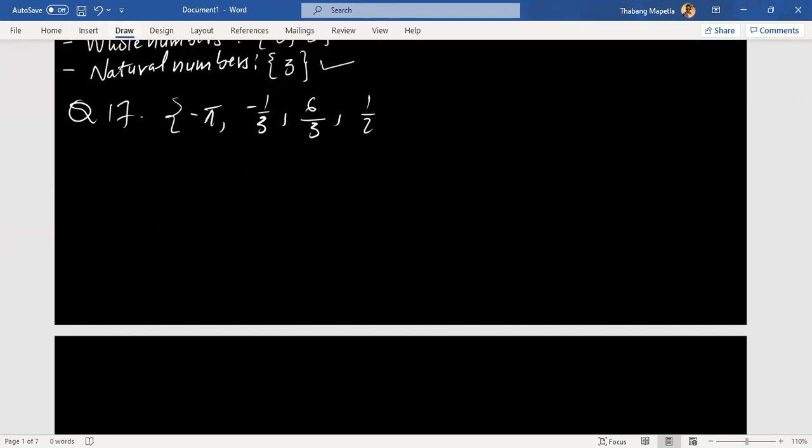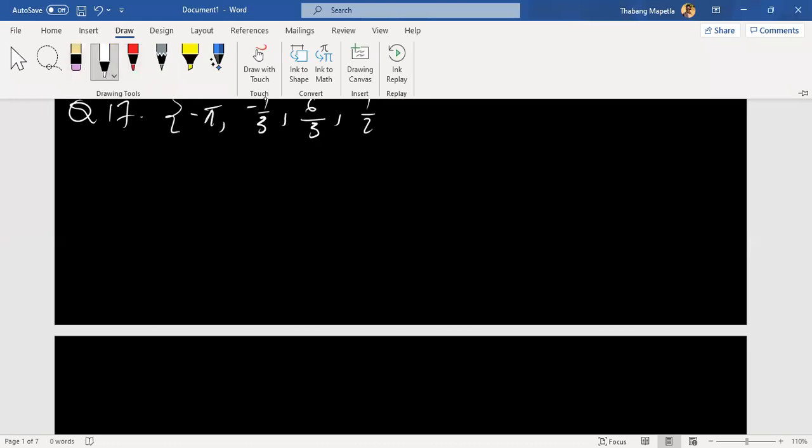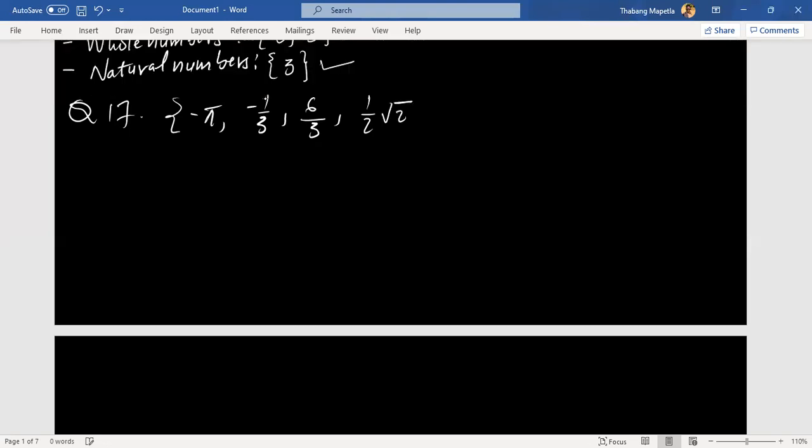So it's half root 2, and then -7.5, and then -2, then 3, then -3. So we have rational numbers.